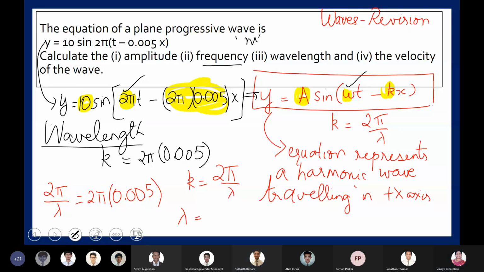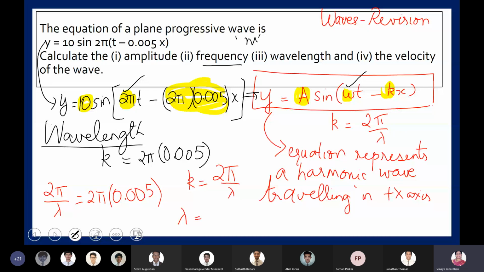Yes. So lambda, have you calculated lambda?